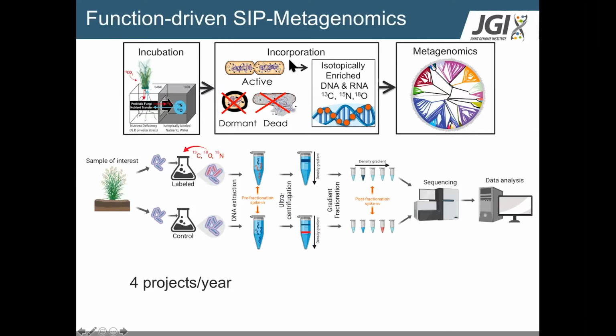So what the schematic is showing is that you would have samples from the environment that are probably incubated or enriched under certain conditions, and you then provide the isotope labeled substrates for uptake, and the actively dividing members in that enrichment would then preferentially incorporate that label into their nucleic acid. And at this point, you would extract the DNA and send it to the JGI. And we would take care of the partitioning of the fractions and doing the quality control, and then it would run through our metagenomic sequencing pipeline.